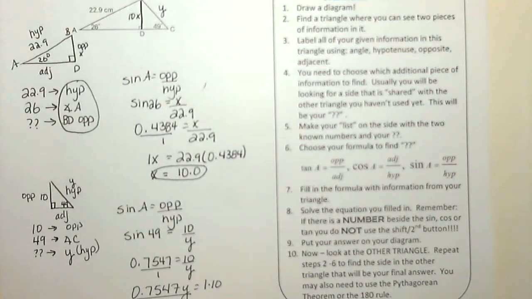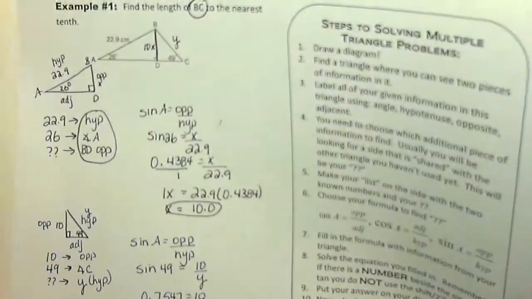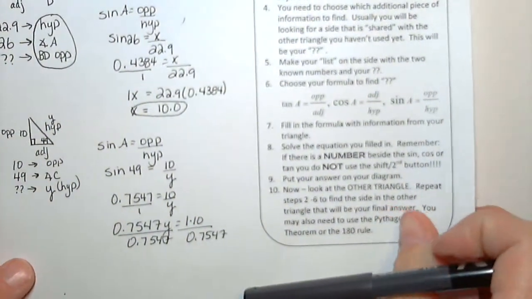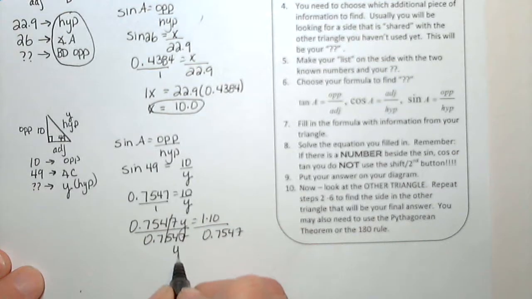We're going to divide both sides by 0.7547. This is going to cross out. You're going to end up with y is equal to 13.3.